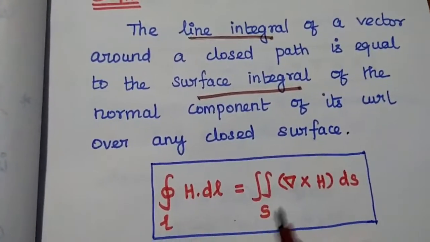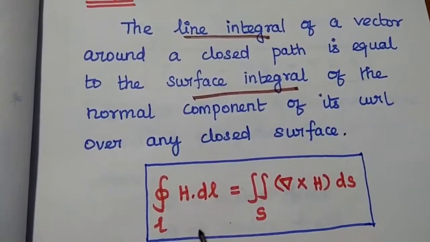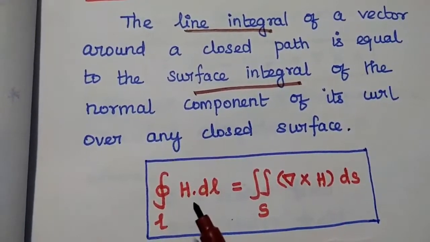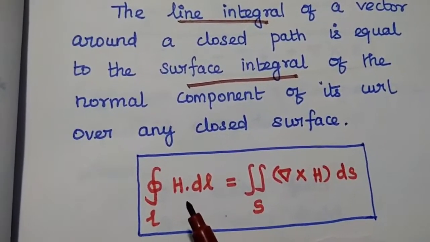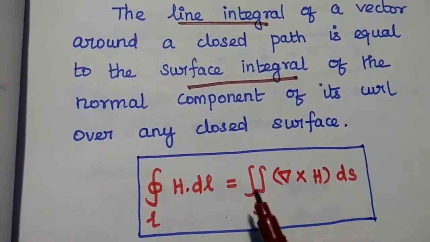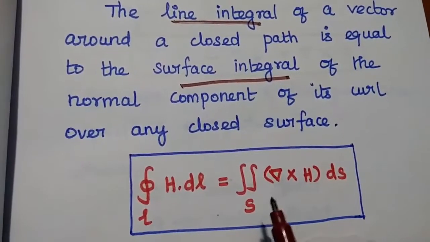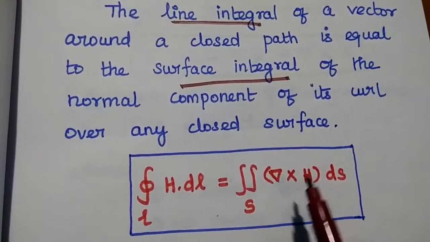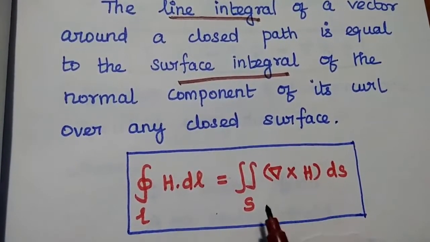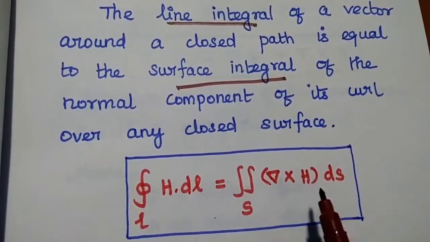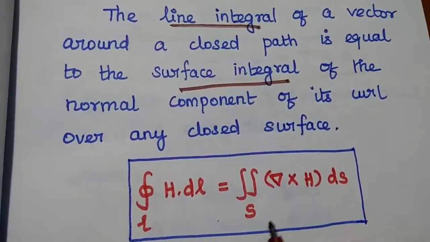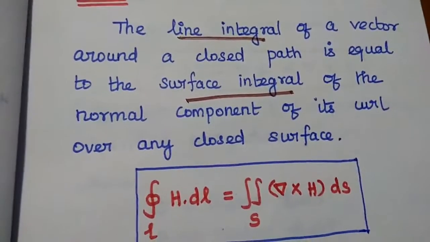So Stokes' theorem can be expressed like this: line integral of any vector, so here we can consider H dot dl, is equal to the surface integral of the curl of that vector. So this is the expression for Stokes' theorem.